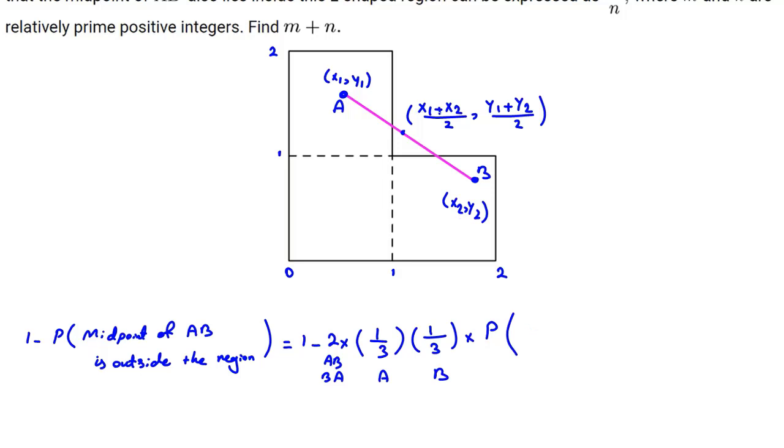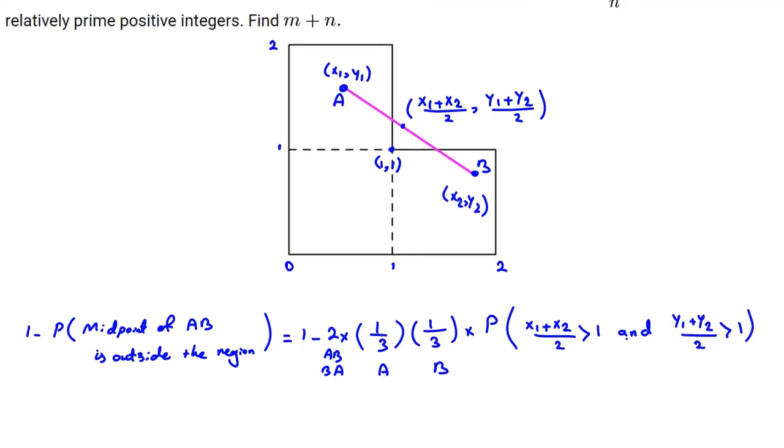x1. So look, this part should be here, means this point is what? This point is 1, 1. So the probability, let me write like this: x1 plus x2 over 2 is greater than 1, and y1 plus y2 over 2 is greater than 1.